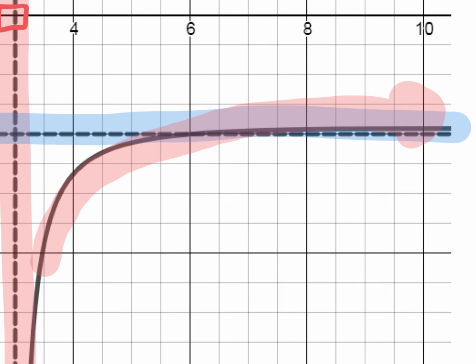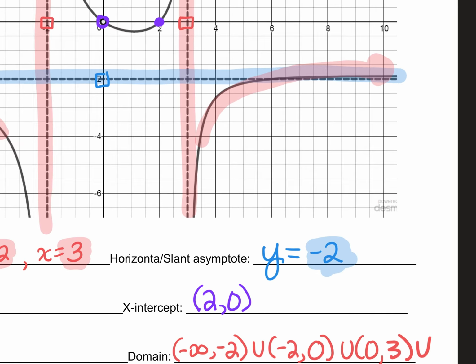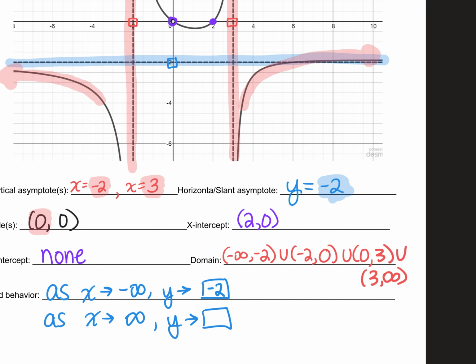The big idea here is that our function may pass through a horizontal or slant asymptote, but it's going to always stay really close to that asymptote. So what I've got happening here is my function passing through the horizontal asymptote, but hugging that horizontal asymptote. So as we pull away from the origin and go to the right, we still have our function staying close to -2 as an output.